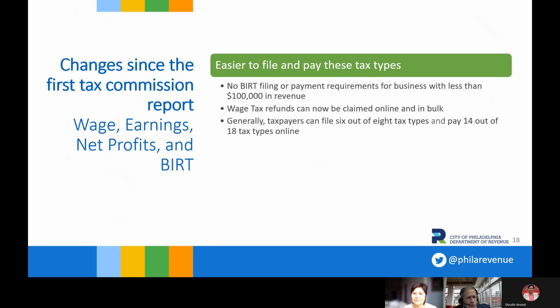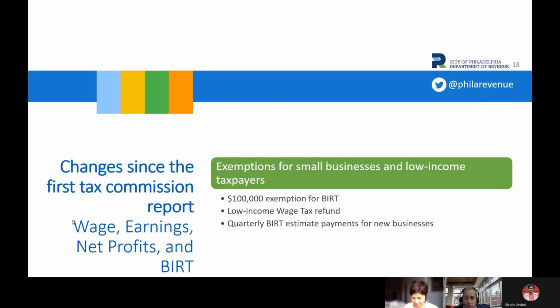And I think you said, what, 3/4 of the tax filers? 75% of businesses don't end up having a liability. That is just huge, from a processing standpoint. And we also make process improvements that improve the taxpayer experience, such as allowing wage tax refunds to be submitted online and also in bulk by employers.